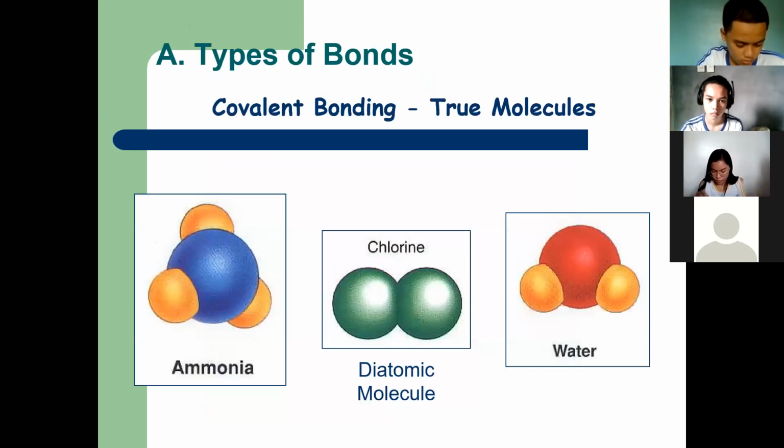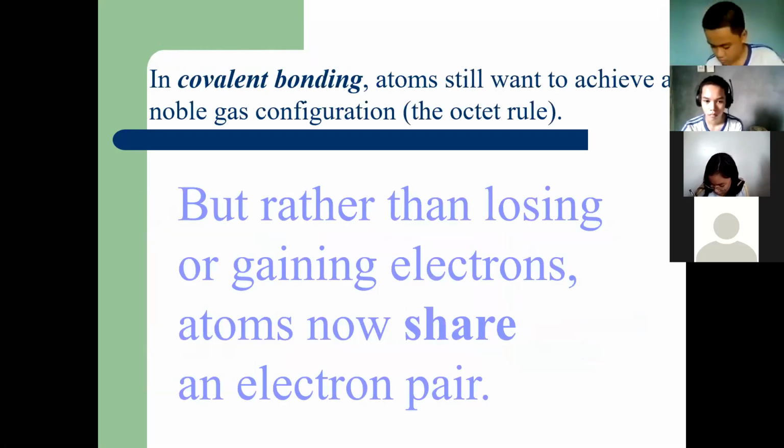The third type of bond is what we call as covalent bond. Covalent bond exists between two non-metals. Again, covalent bond exists between two non-metals. Covalent bonding shares their electrons.